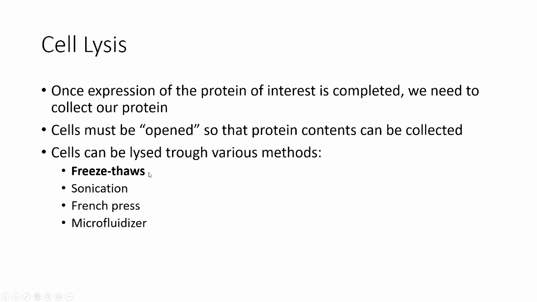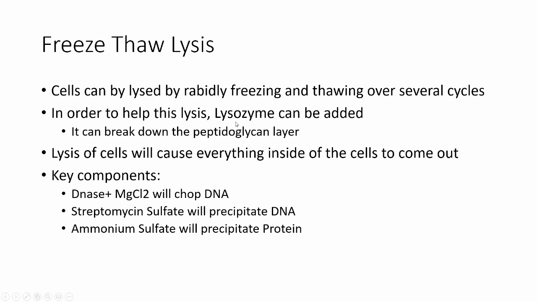I'll talk a little bit more in just a second, but there's also things like sonication, French press, or utilizing a microfluidizer. In terms of a freeze-thaw lysis, this just means we'll be rapidly freezing at minus 20 degrees Celsius and then thawing at about 4 degrees Celsius.